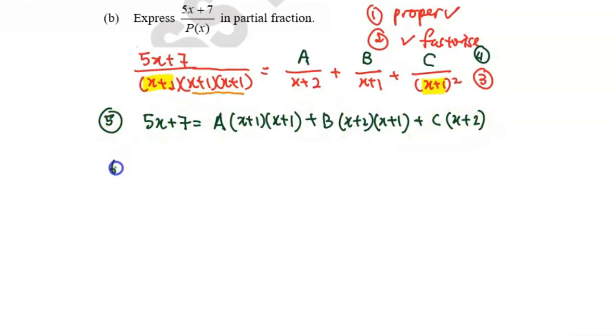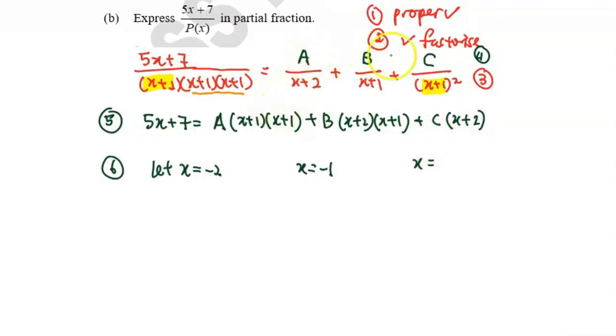For step 6, we are going to find the values of a, b, c. The method I choose here is using let. So let the value of x be our zeros, meaning let x be the roots of these factors. For example, we can let x equal to negative 2, we can let x equal to negative 1, and we can let one more x, any number.